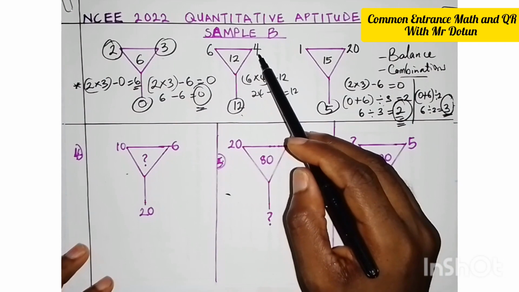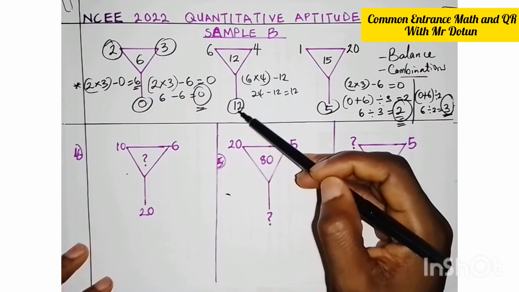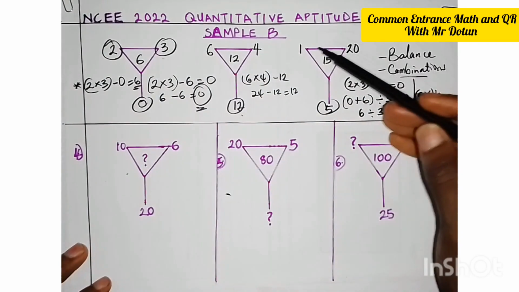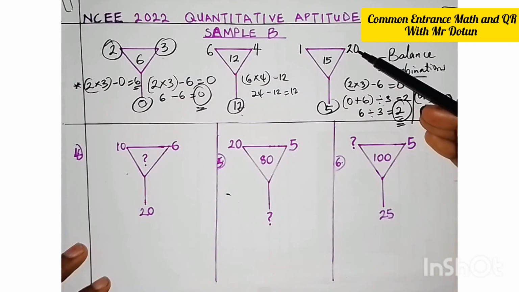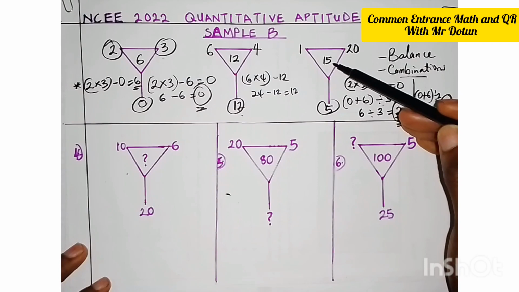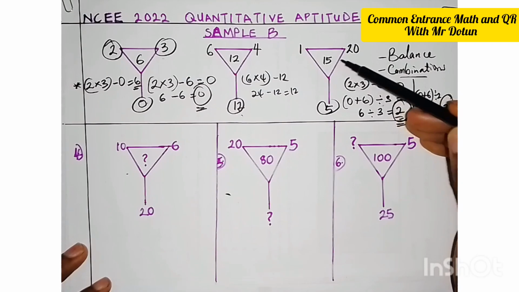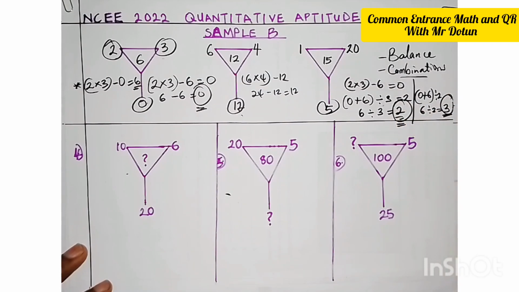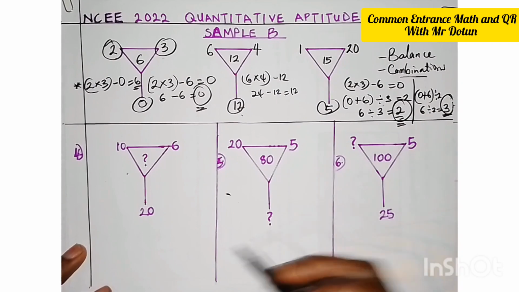So 6 times 4 is 24. So 24 minus 12 equals 12. 1 times 20 is 20, and 20 minus 5 equals 15. Alright, so my formula is out, so I could just label it, okay?